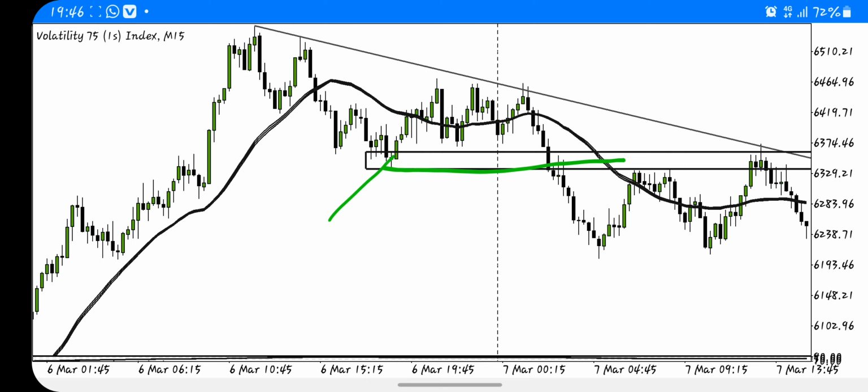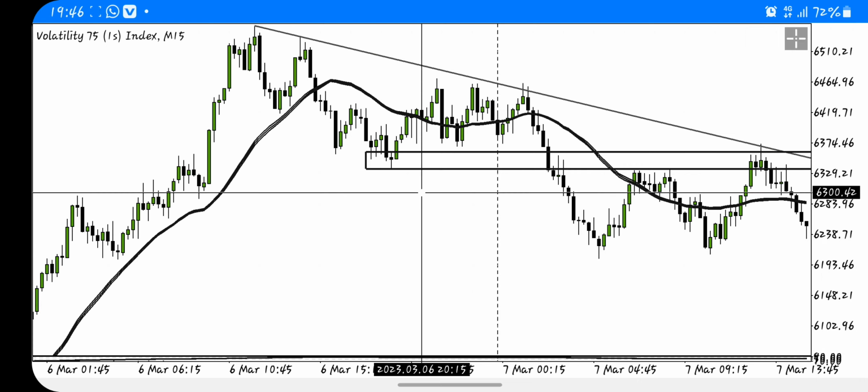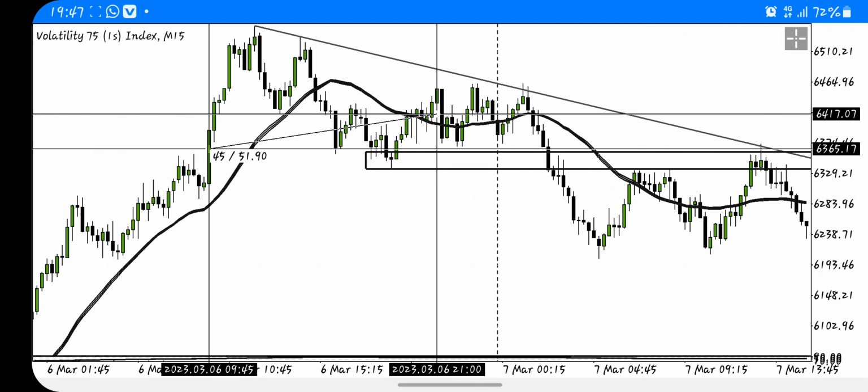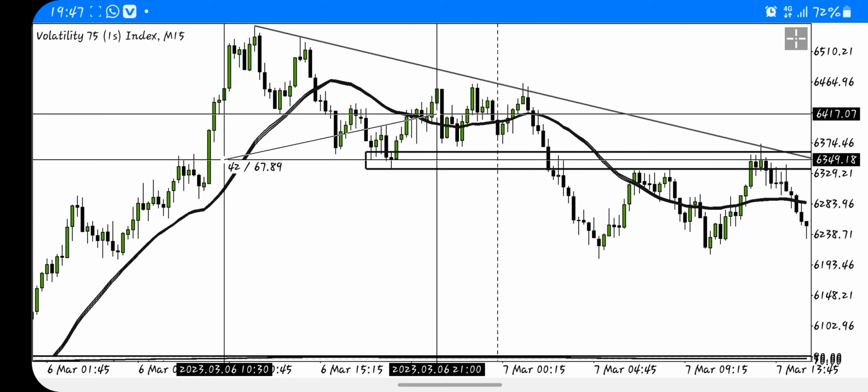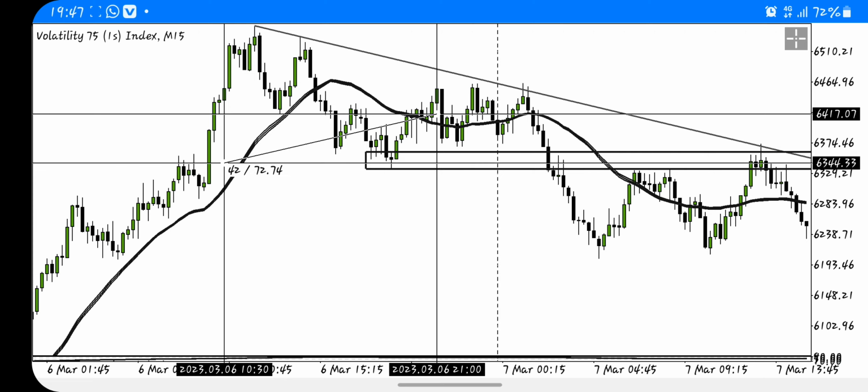That's our target. On this trade, we are having a target profit of 67 pips. Okay, this is backed up enough, as you can see.